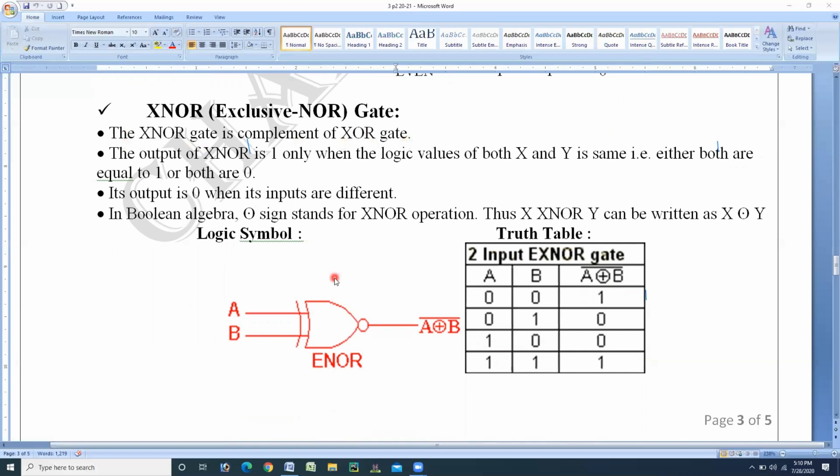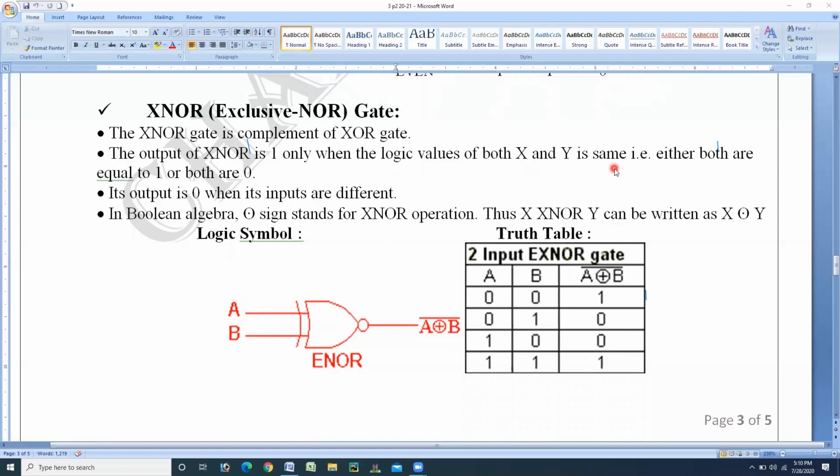Now, see here. Next point related to the truth table. The output of exclusive NOR is 1 only when, reading the output as high, the logic values of both X and Y are the same.